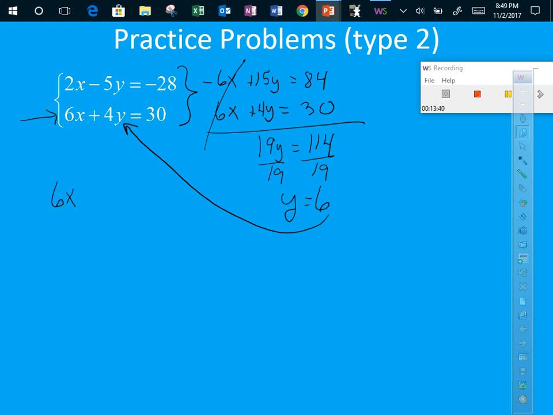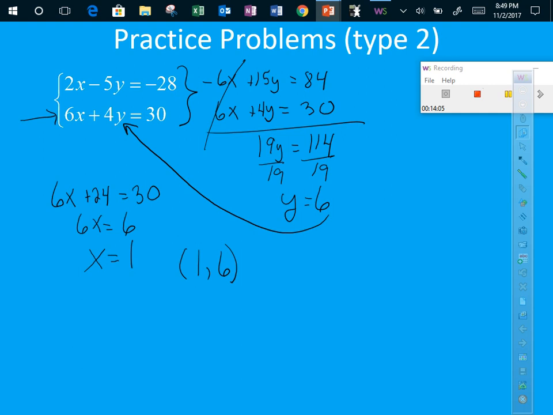Positive 4 times positive 6 is positive 24 equal 30. Subtract 24 from both sides and get 6. Divide both sides by 6 and get 1. So it looks like my number 5, x was 1, y was 6.